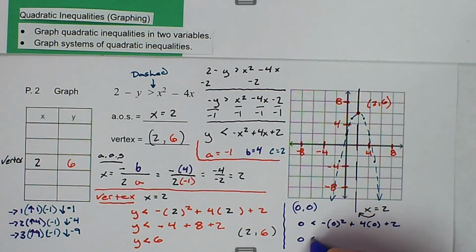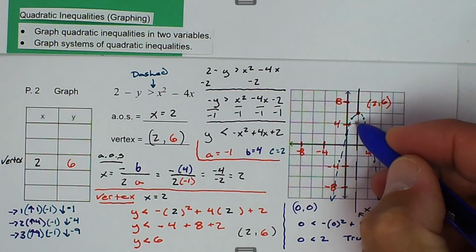So is 0 less than 2? Because 0 squared is 0 times negative 1 is 0, and 4 times 0 is 0, so 0 plus 2 is 2. So is 0 less than 2? And that is true. And so we want to shade the inside region, or the part that contains the point 0, 0.